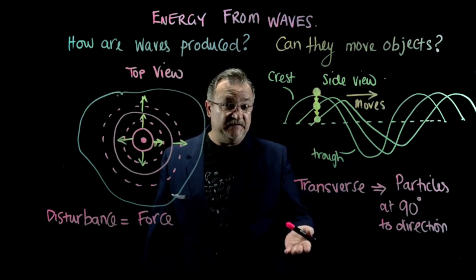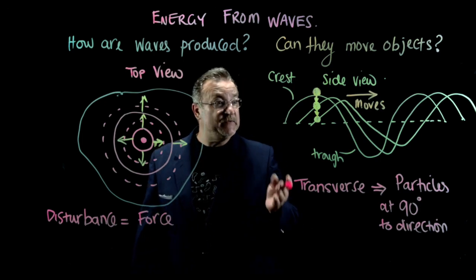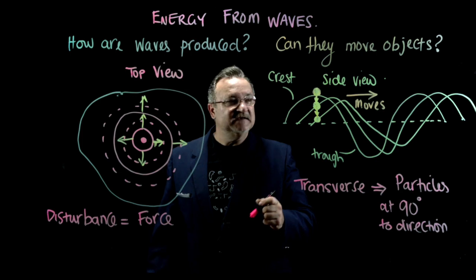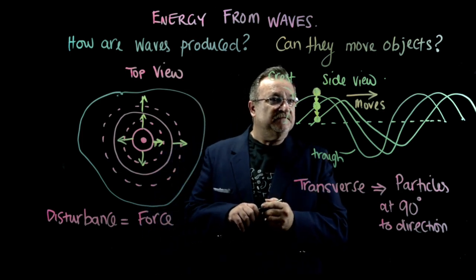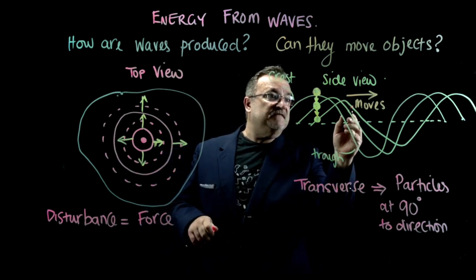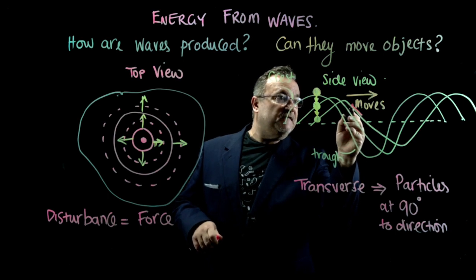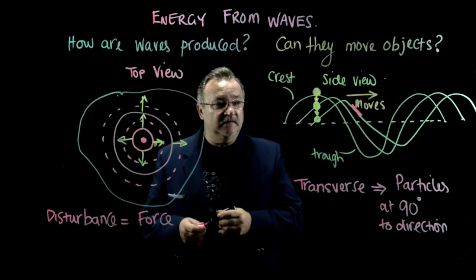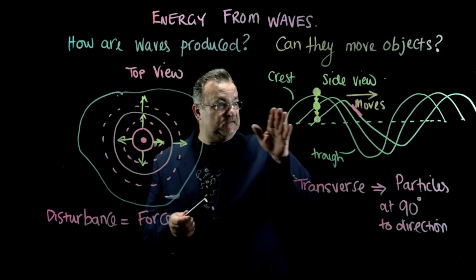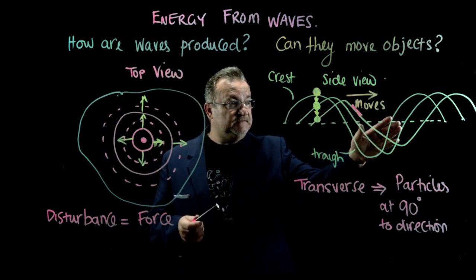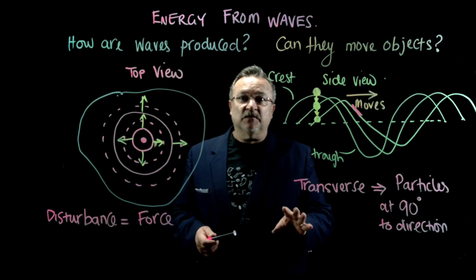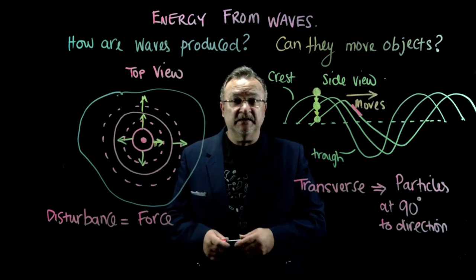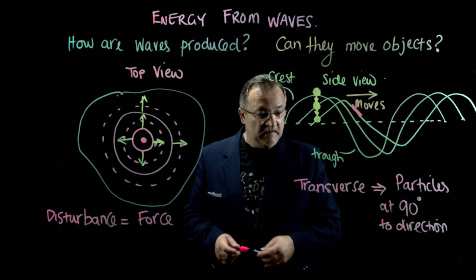So therefore, how do you catch the wave? How can you actually move with the wave? Well, you can't sit on top of the wave. So what you've got to do is catch the slope of the wave. So you have to get slightly ahead of the wave and ride the slope down the wave, and as the wave moves to the right, you're always going to be riding the slope. So that's the same as riding a skateboard down a hill.